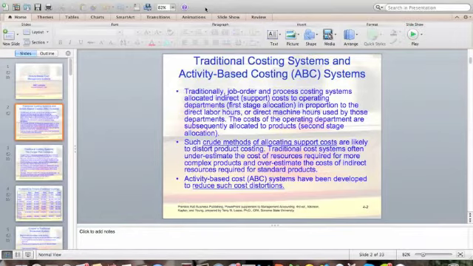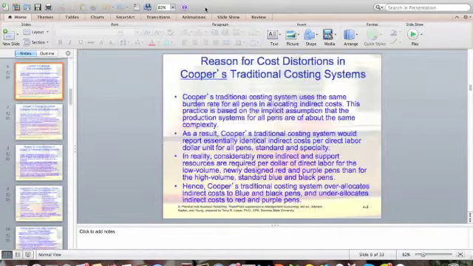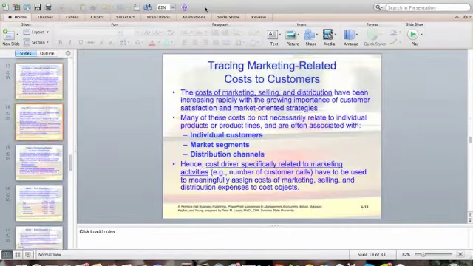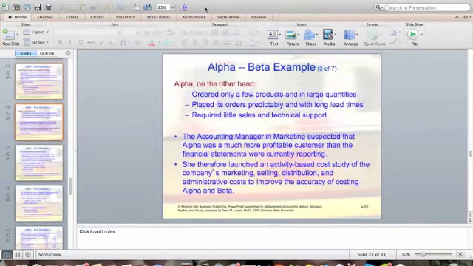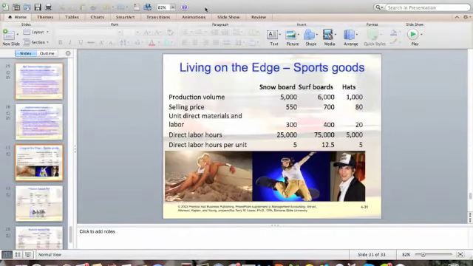Now, when you have a manufacturing product, there are a couple of costs. I'm going to go to my example right away to show you. I created an example company that makes surfboards, snowboards, and hats.